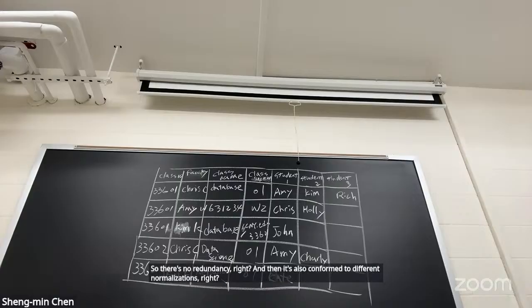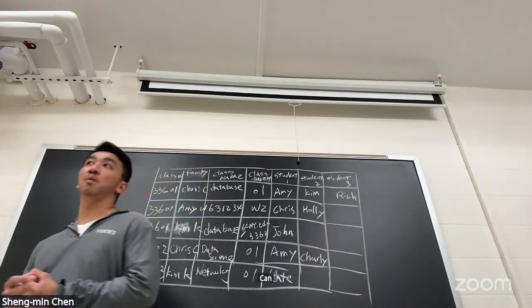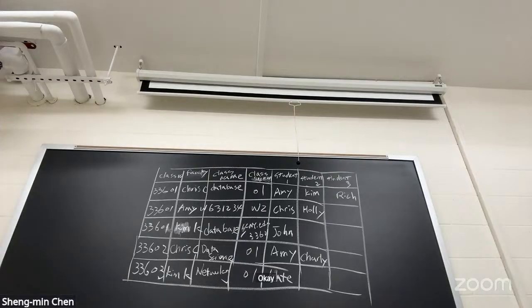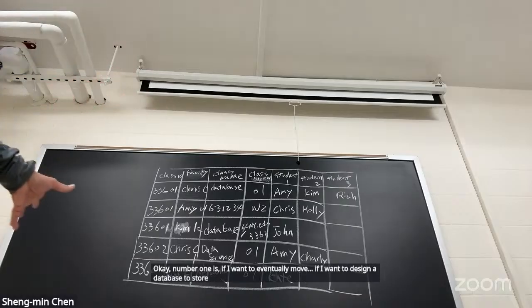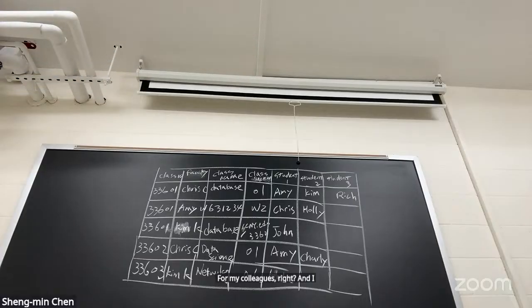So the first thing first, can someone please tell me: if I want to design a database to store this information for my colleagues, and I want the database to eventually be in second normal form, to match the normal form.